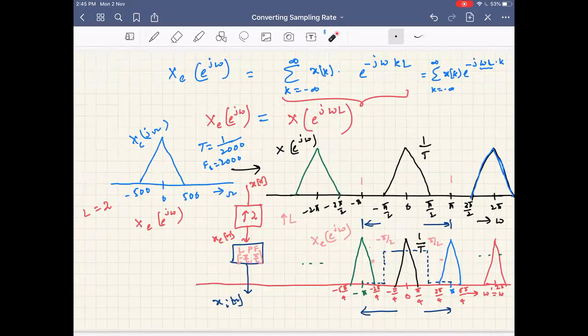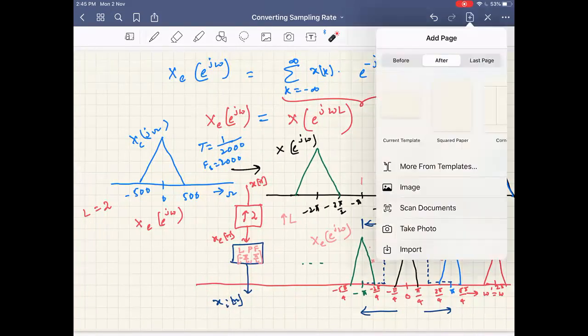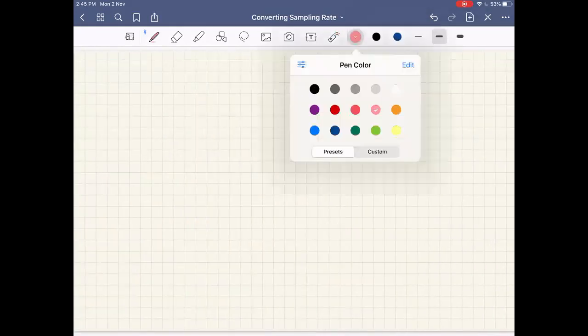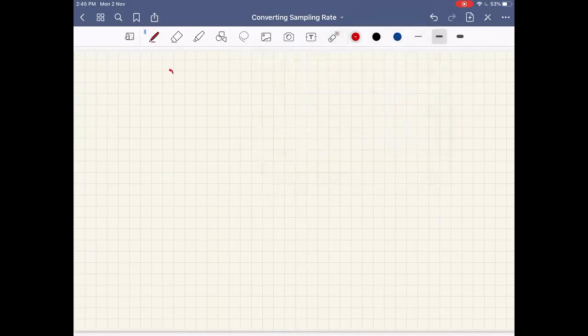Okay, right. So x I of n, how do we get it? We get it after filtering. So let us look at the process. You have x of n, and then you upsample by L times.